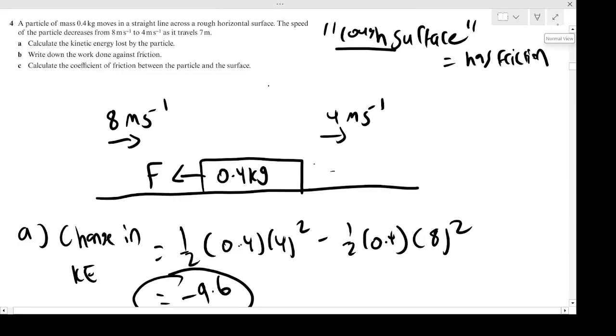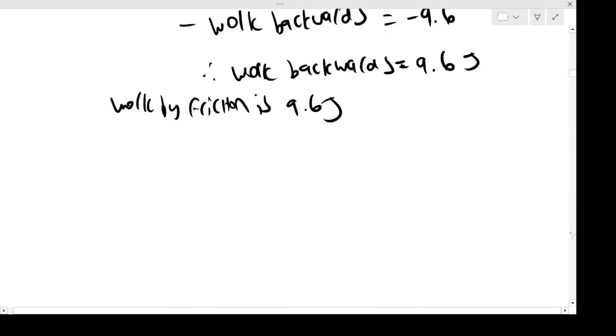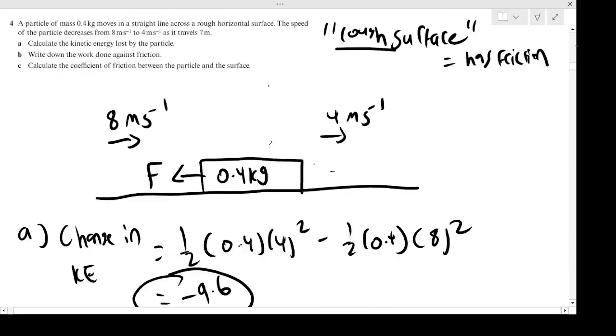And then in part C, it's asking me to calculate the coefficient of friction. You should also remember that the friction F is equal to the coefficient of friction mu times the reaction force R. Remember, the reaction force is the top force like this.